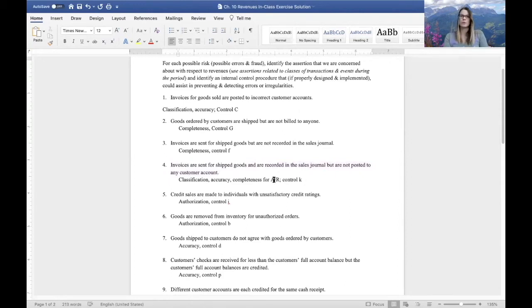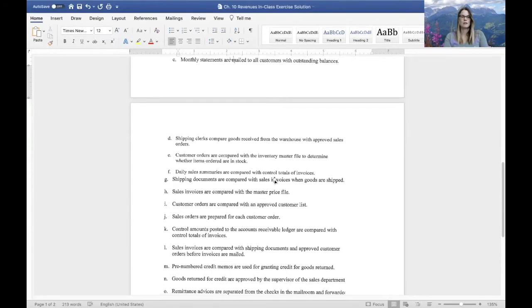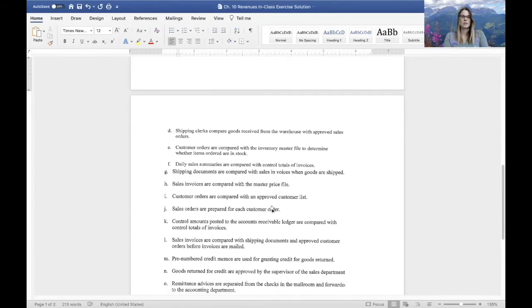My example wrong answer is Control J, which is sales orders are prepared for each customer order. Okay, so the issue with this is, remember, the sales order is not an invoice. The sales order is happening really early on in the process.